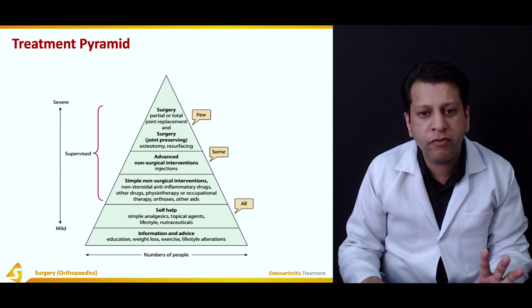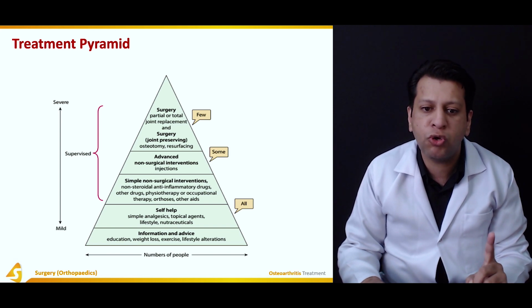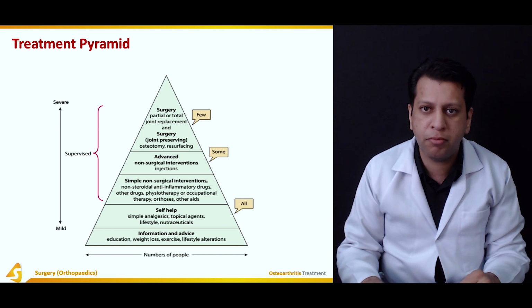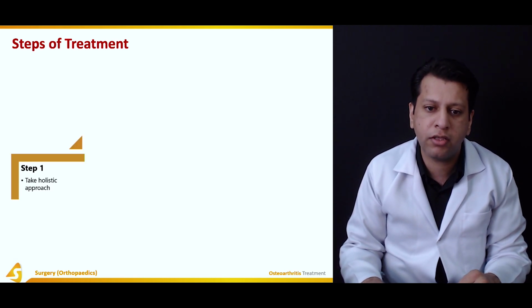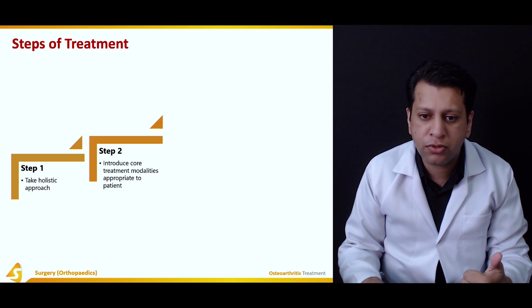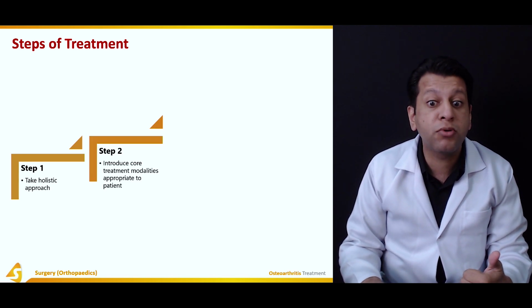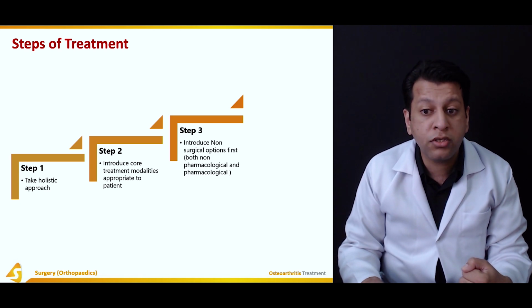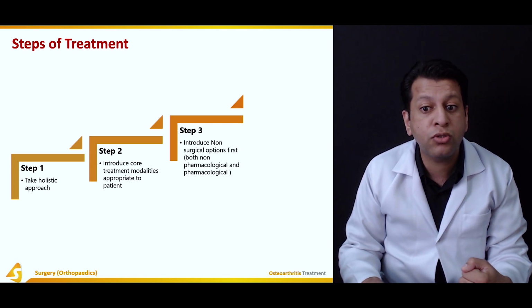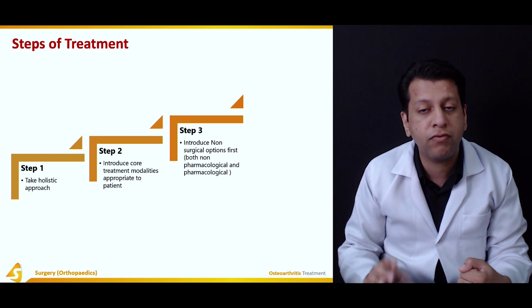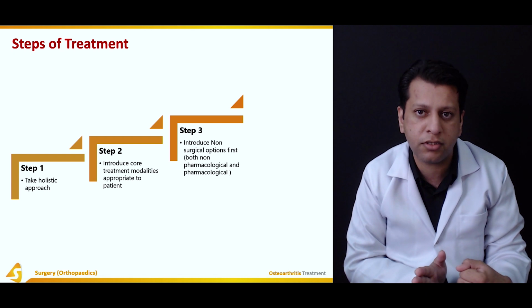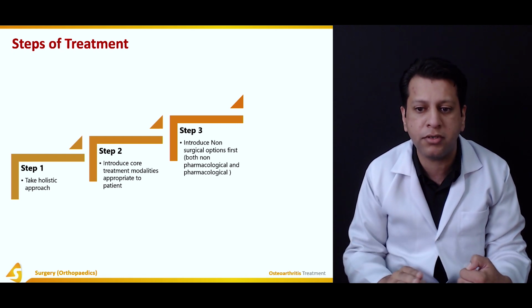The important thing about the steps of treatment is to take a holistic approach. The option is not to go straight to joint replacement when you see osteoarthritis. Introduce core treatment modalities appropriate to the patient, and introduce non-surgical options first, both non-pharmacological and pharmacological. Pharmacological includes NSAIDs, opioids, and sometimes antidepressants in chronic pain patients.